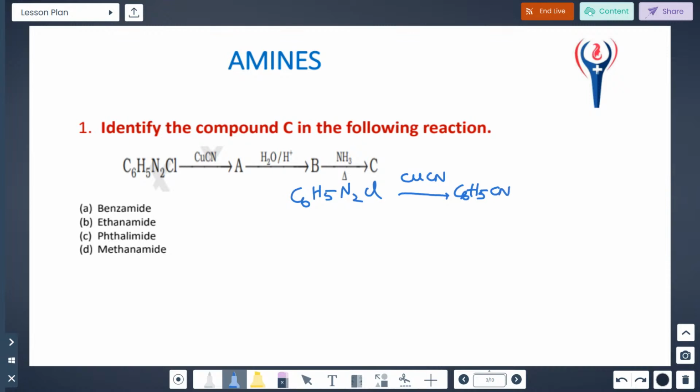Then on hydrolysis, any cyanide compound, on hydrolysis, we are going to get carboxylic acid. If you want to study thoroughly, I use 2 water molecules. But simply remember, any cyanide compound, if you add water, it becomes carboxylic acid.